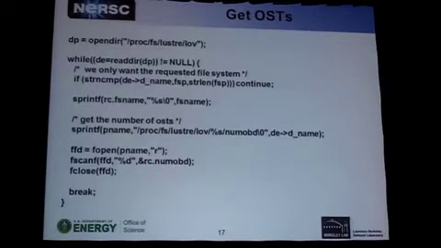You'll see towards the bottom where I do a pname, so I'm doing an fopen of the file in proc to read in the number of OBDs, number of objects for that file system. Very simple, very easy, and it gives you the maximum number of OSTs in that file system. Useful if you're doing things within a program.